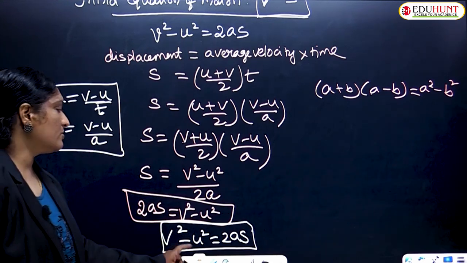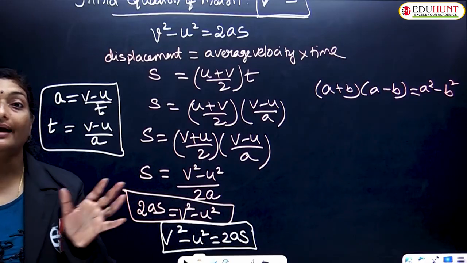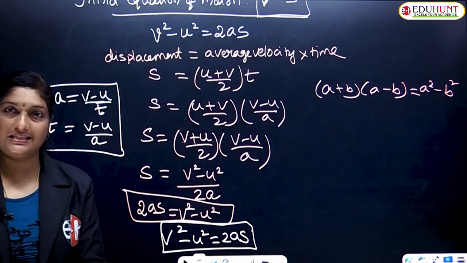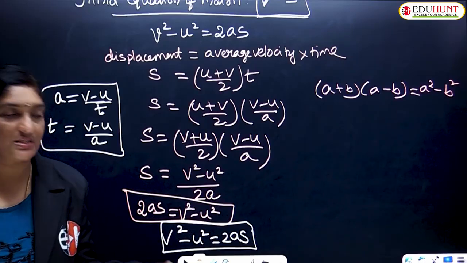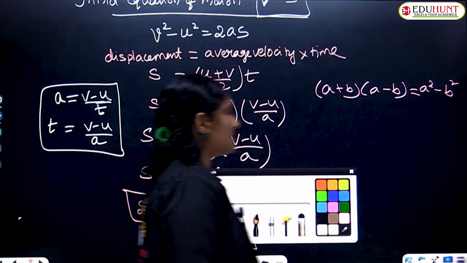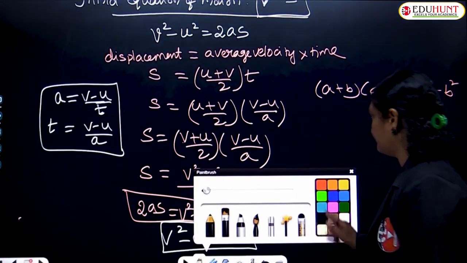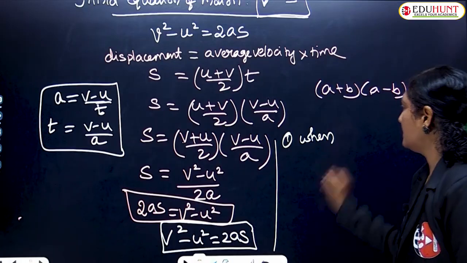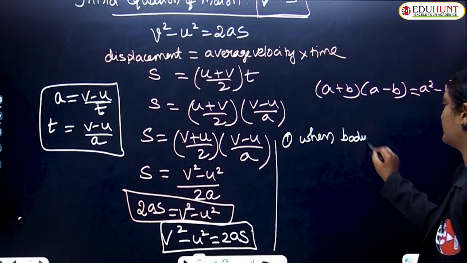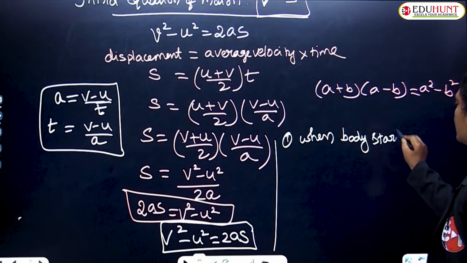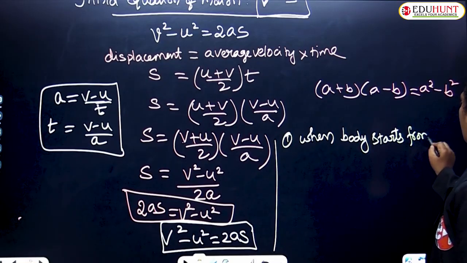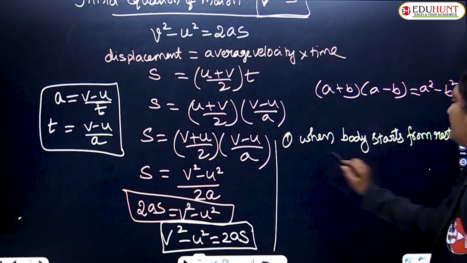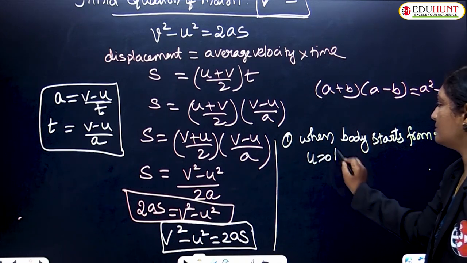Children, if the body moves starting from rest, that is, the condition in the beginning is a rest condition, then the initial velocity u is 0.